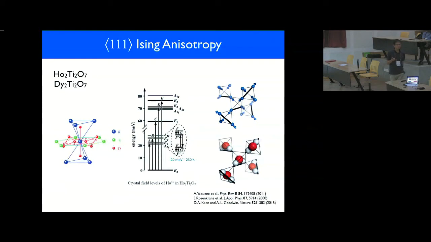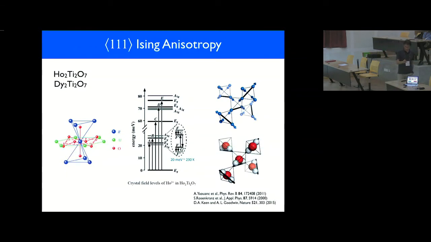The spins in these materials are Ising spins. But how do you define Ising spins on a tetrahedron? How do you define up and down?